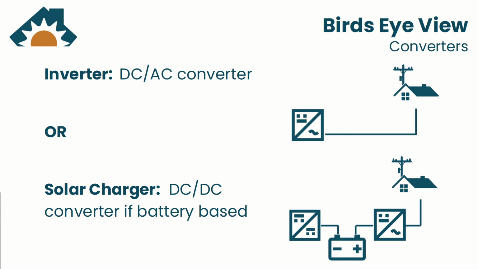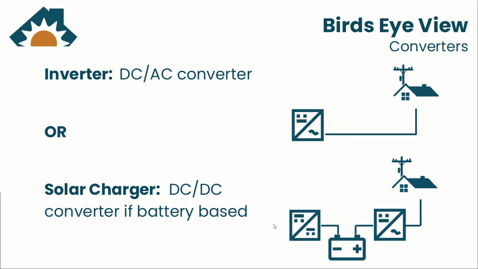In most cases, these are the two different systems that you'll come across. So you'll need some type of converter to convert DC power from the roof to usable power that the homes use. And that's true for both of these. So for the top one, you have PV power going into the inverter, and then the inverter will convert it from DC to AC to serve your home loads.